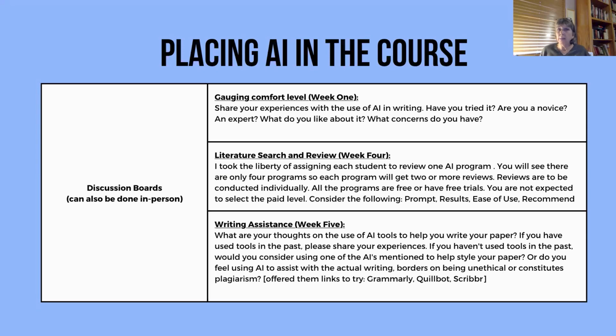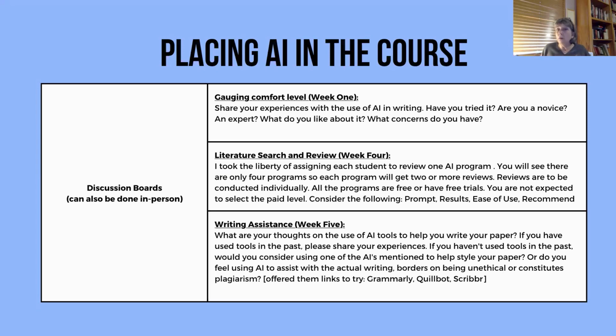In week 5, I brought AI back into the mix, and because we were further along in writing this paper, I asked them whether they would use AI to write that paper. Are they going to use it to paraphrase? To create citations? To correct their grammar? Those types of things. I just wanted to get a sense: are they going to use it, or not?